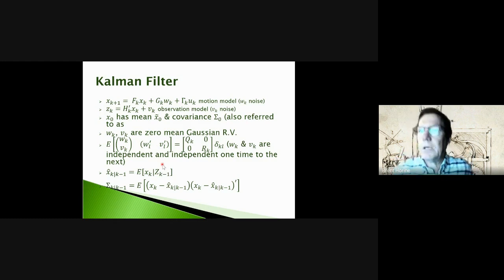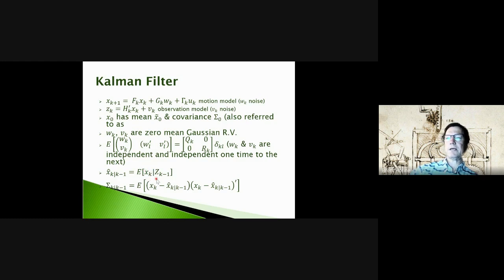So now we're going to go from this kind of truth here to estimating, right? So hats now are going to represent our estimated values here. So now we're going to have this kind of expected value of X_k given all that we know about measurements, this is cap Z here, of all our prior measurements.